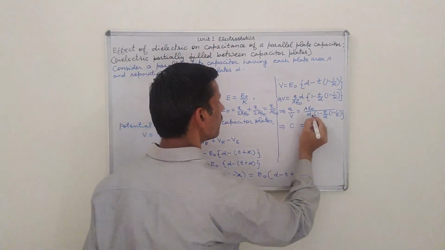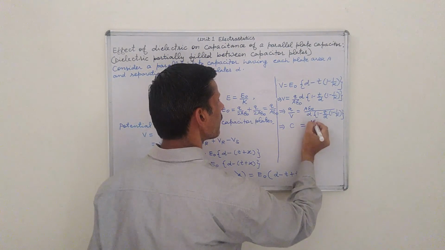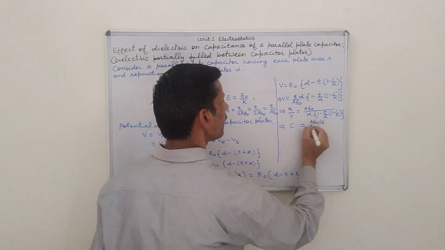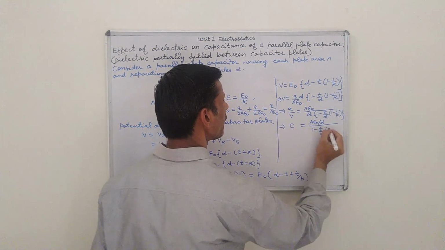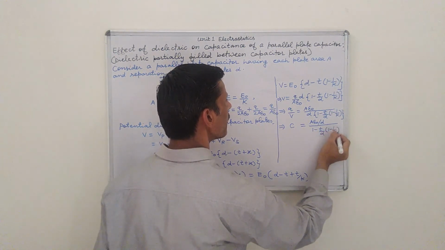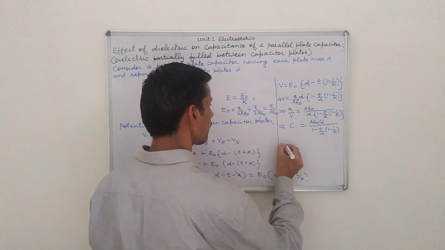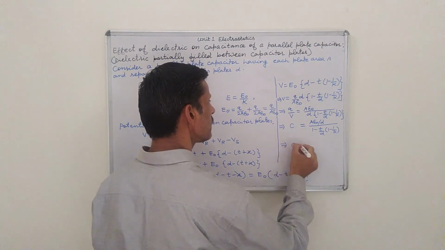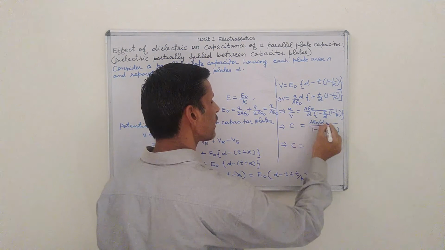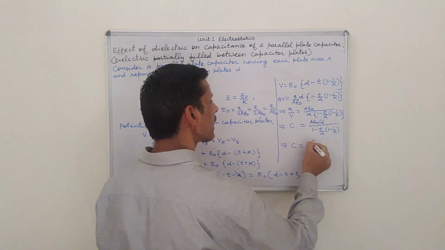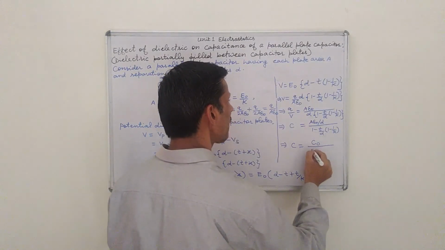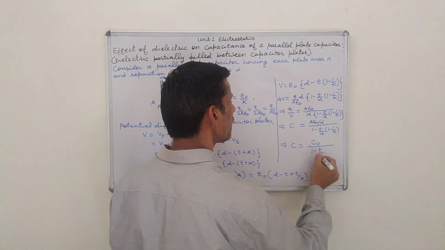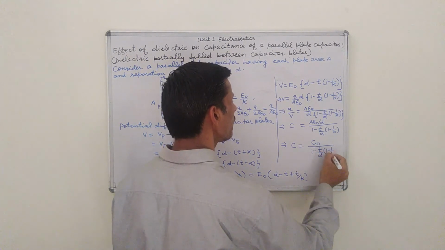So C is equal to A epsilon naught upon D divided by 1 minus T upon D, 1 minus 1 upon K. Here A epsilon naught upon D is the capacitance in the presence of vacuum between the plates.